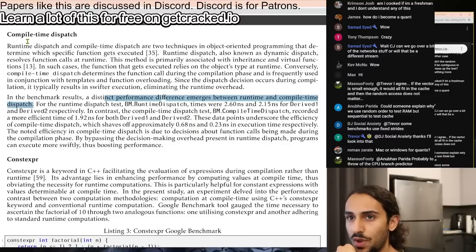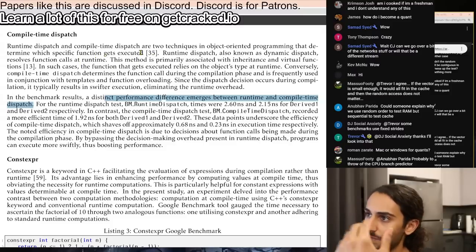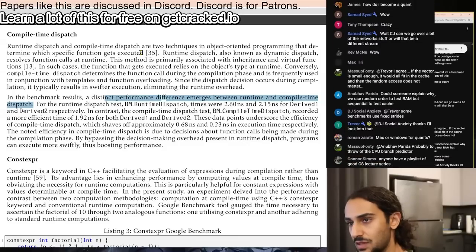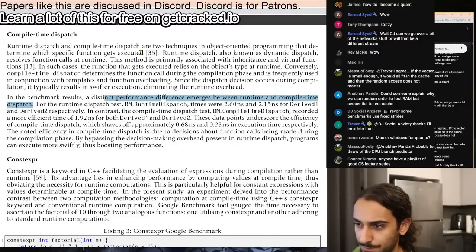This has to do with determining which function to call as a result of virtual methods. So there's something called dynamic polymorphism and static polymorphism. You can use templates to move your polymorphic behavior from runtime to compile time. And that's what they're referring to here.